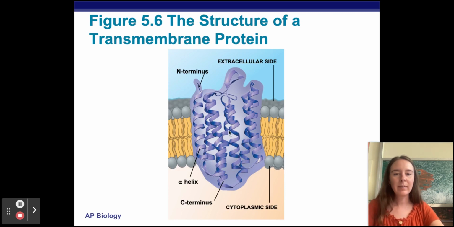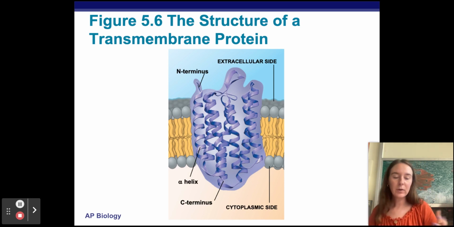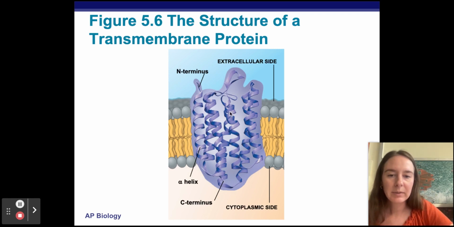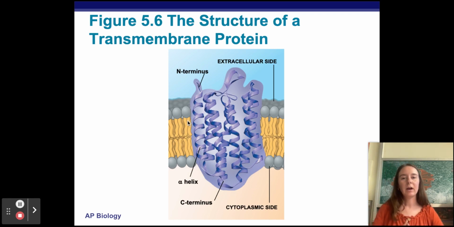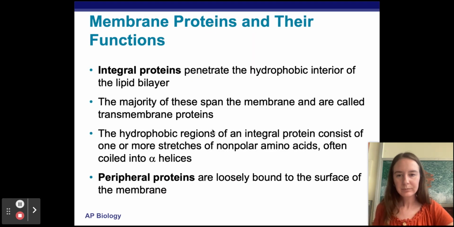And so remember how we talked about how different amino acids, remember there's 20 of them, they can either be hydrophobic or hydrophilic or charged or not charged or polar or nonpolar. And so all of the amino acids that make up the inside of the protein are going to be hydrophobic or nonpolar because they're able to sit within this hydrophobic space in the middle.